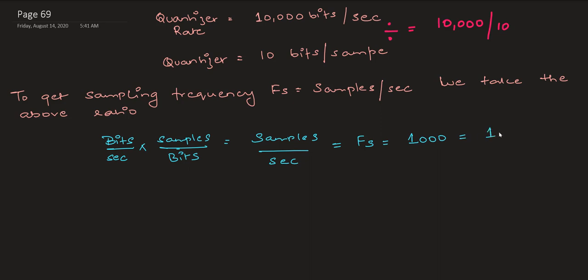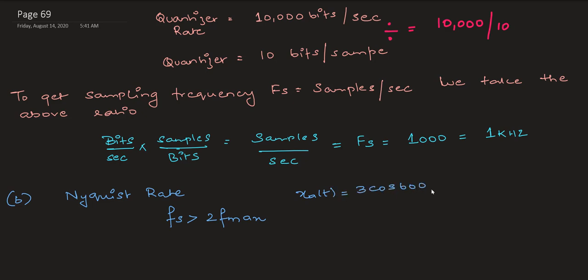Now the next question, subsection B, is your Nyquist rate. The Nyquist rate for an additive mixing of signals, or where you have multiple signals, is given by Fs greater than 2F max. Here in this case, we have two frequency signals. So let us find the frequencies F1 and F2.